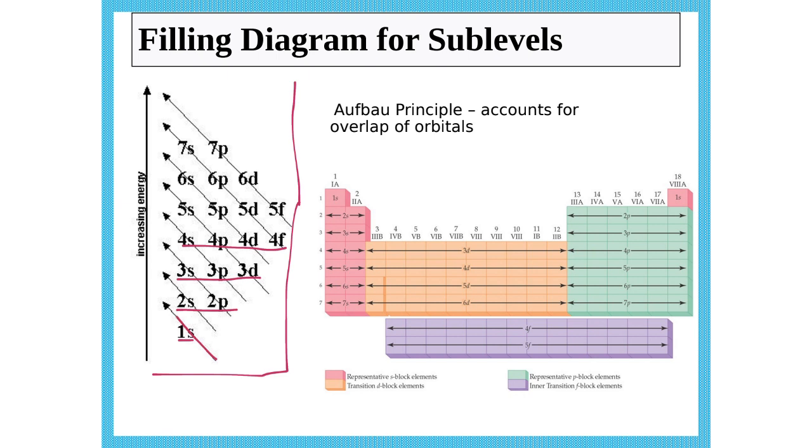And then you fill them on this diagonal. So you'd fill 1s first, 2s next, 2p, 3s next, 3p, 4s after that, 3d, 4p, 5s in that order, and so on. And this allows us, especially over here, to deal with the overlap.